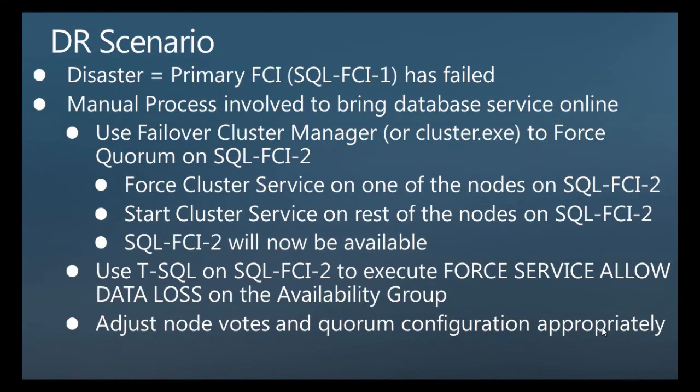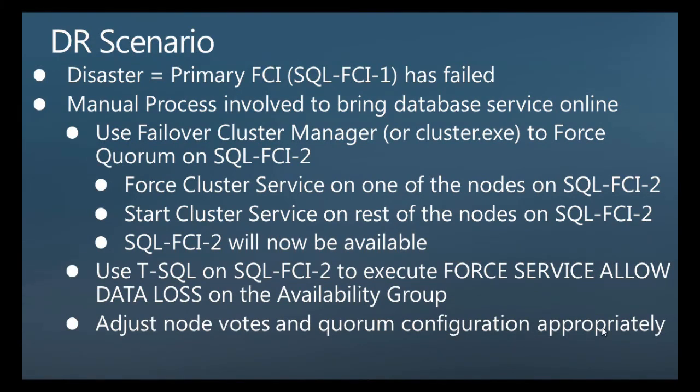Here's the DR scenario. Disaster happened, and you need to have the manual process to fail over to bring the database service online in the secondary data center. That's the same thing as we mentioned in solution 2. You need to force the cluster service to run in the forced quorum mode, and you need to force the AG to start with allowed data loss.